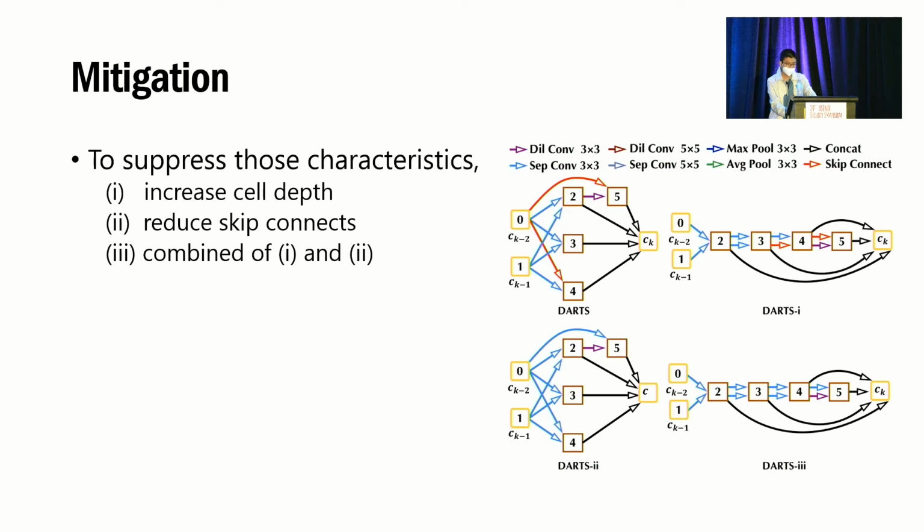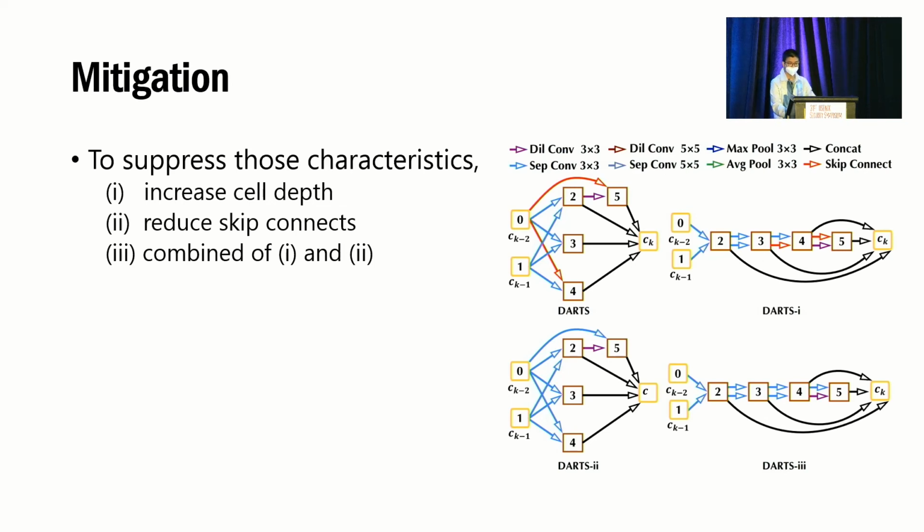So since there are vulnerabilities in the AutoML models, what could we do to mitigate them? Here we propose several promising solutions based on the previous model characteristics. To suppress those characteristics, we can increase the cell depths and reduce the number of skip connects.